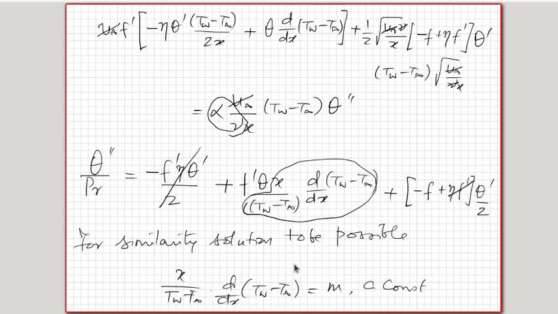Or in other words, this happens if I take dx by x to the opposite side and do the variable separation, then I'll get t wall minus t infinity is equal to c into x to the power of m. Okay, so this is the thing that you will get.